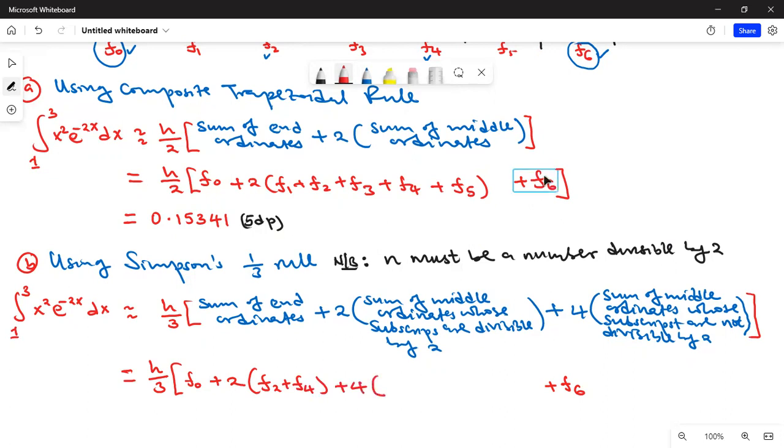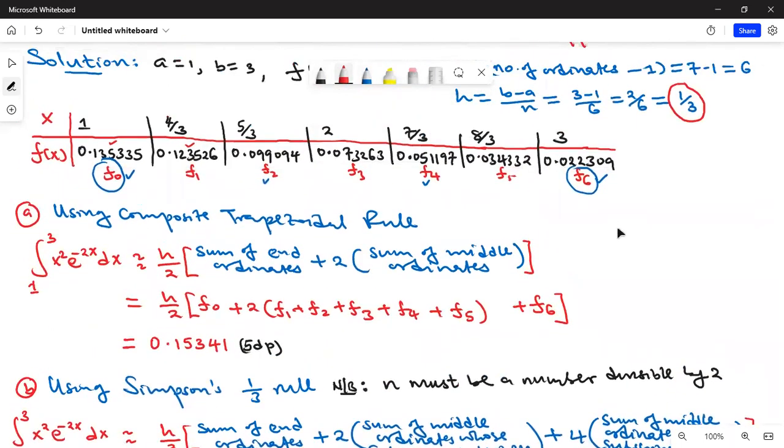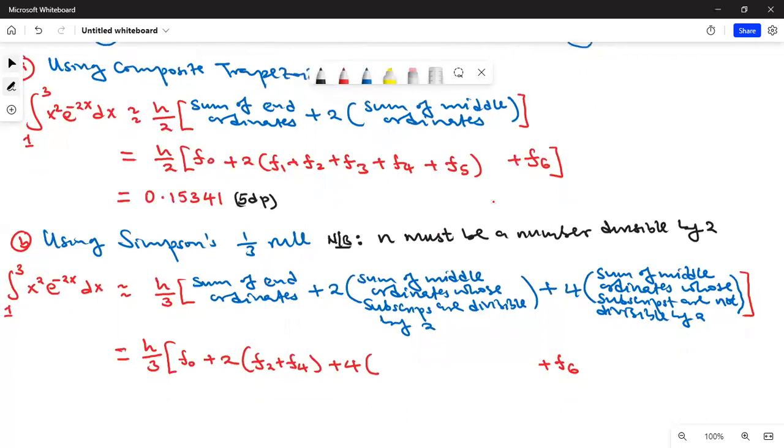Now, still on those middle ordinates, but whose subscripts are not divisible by 2. It is f1, f3, and f5 for the remaining ordinates. So I'll write them down here: f1 plus f3 plus f5. Then you can see this f6 here.